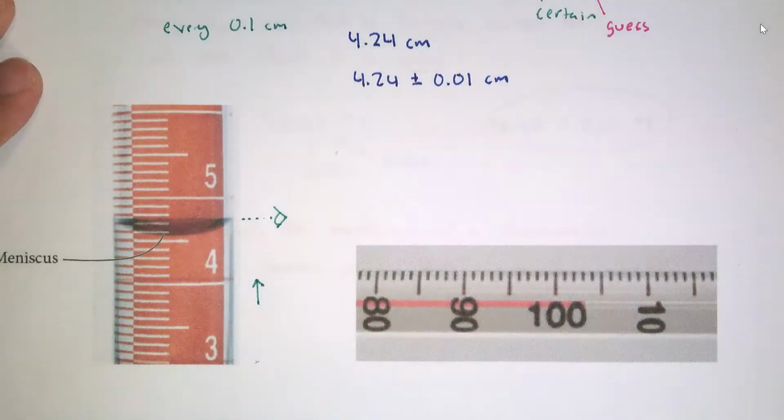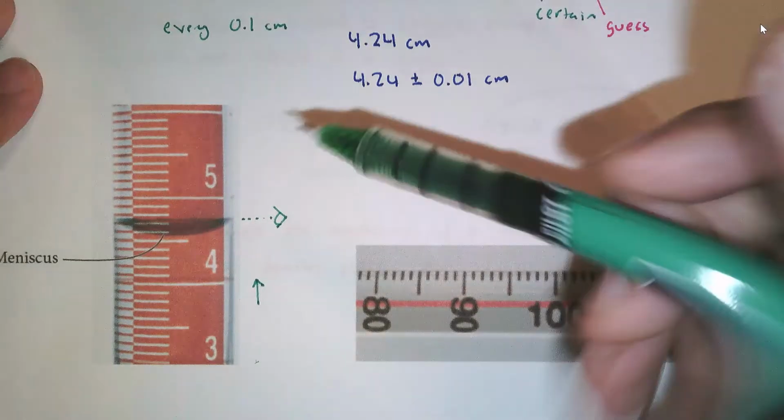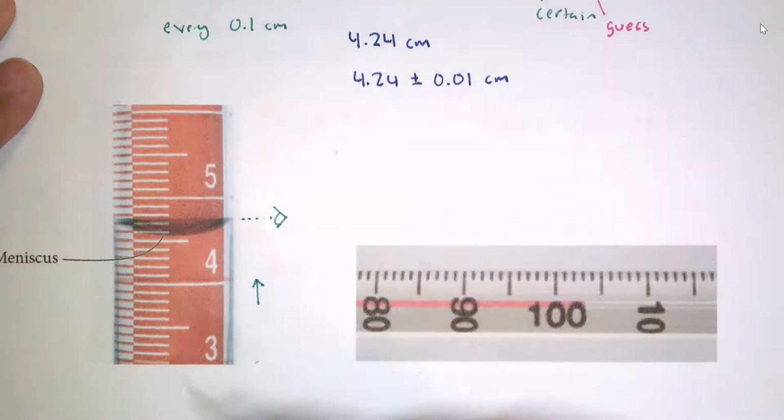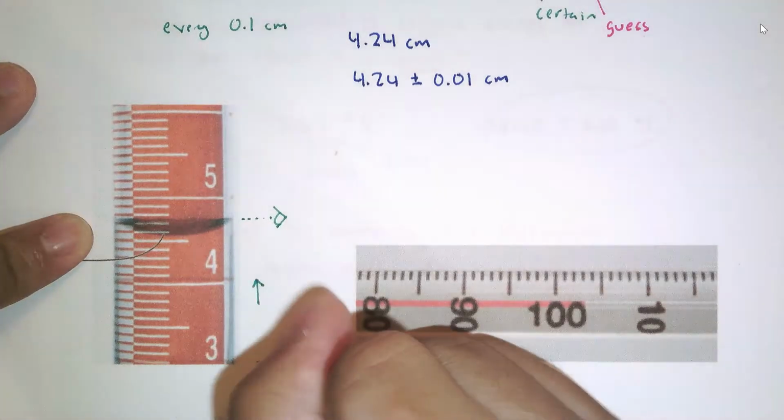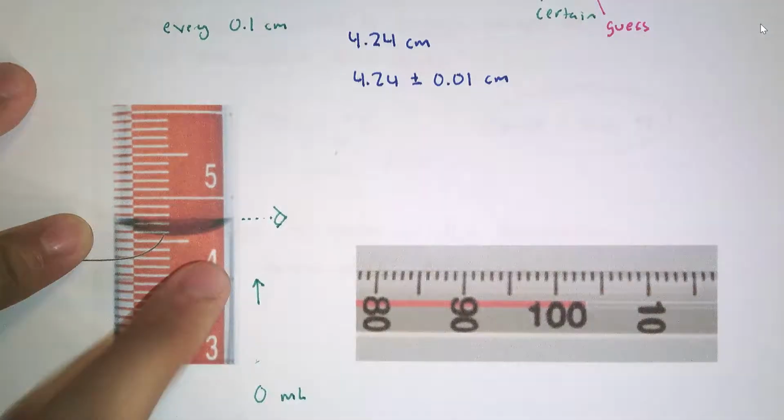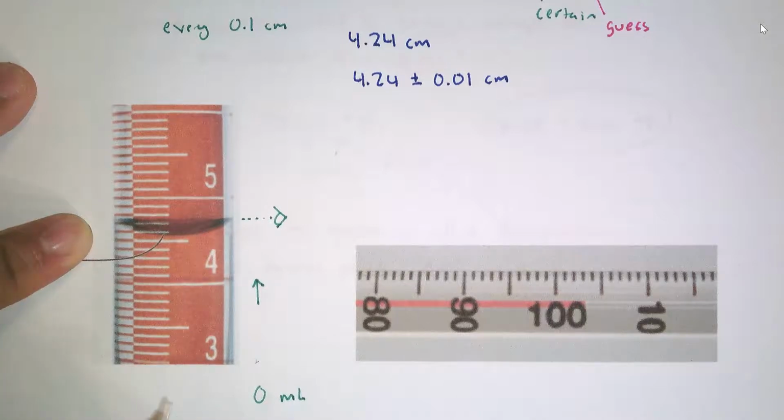You'll see equipment where you count from the top going down, but the 0 mark is way down here. It doesn't say explicitly, but these are milliliters, 3 milliliters, 4 milliliters. Every single mark is a tenth of a milliliter.